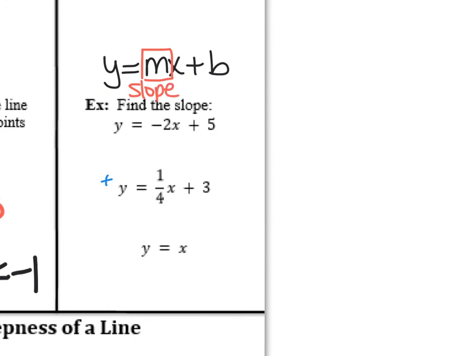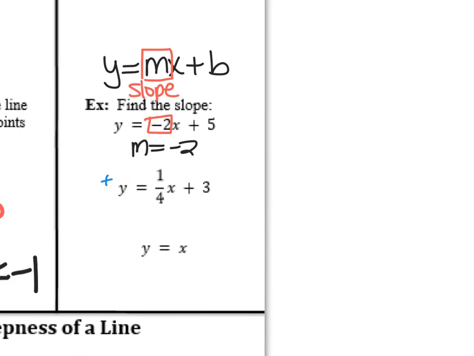So when I'm looking at my equation here, I have y equals -2x plus 5. The number in front of the x, that's called the coefficient in front of the x, that will always be your slope. So in this case, I have the number of -2, so my slope is -2.